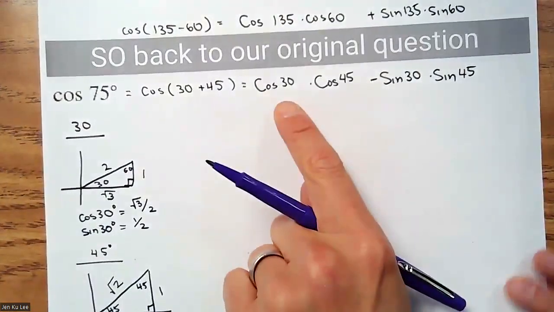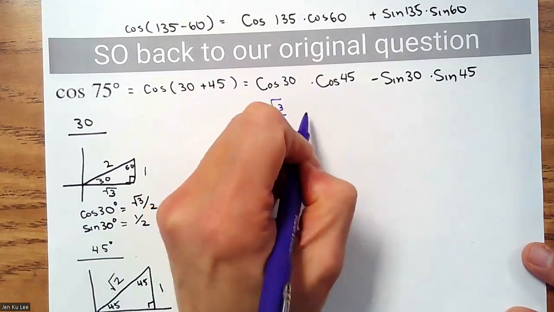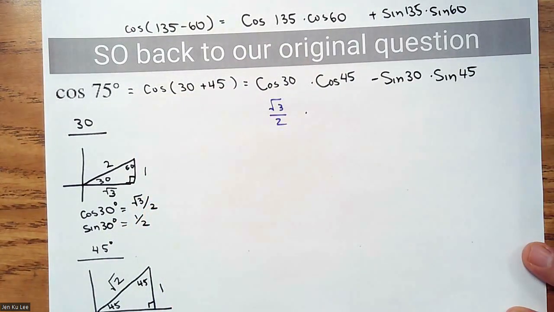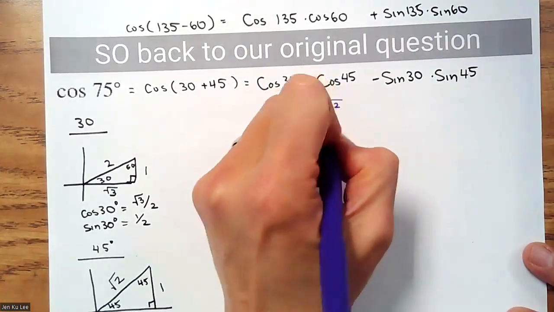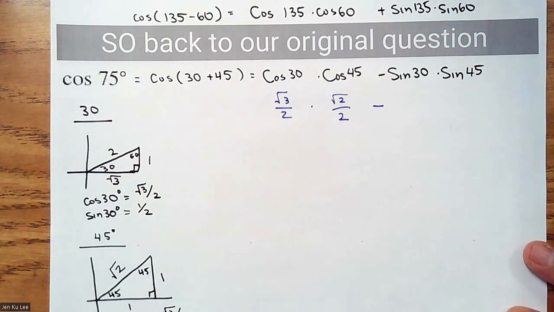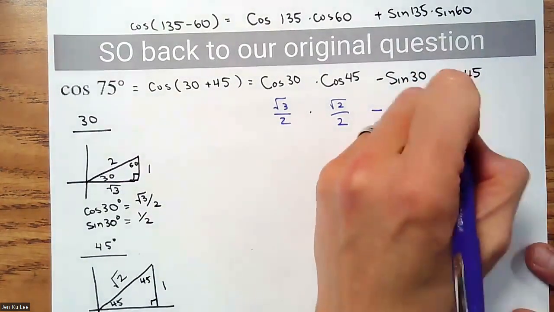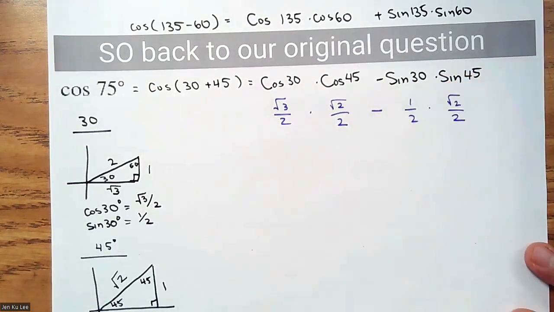So the cosine of 30, that's square root of 3 over 2, times cosine of 45, square root of 2 over 2, minus sine of 30, 1/2, times sine of 45, square root of 2 over 2.